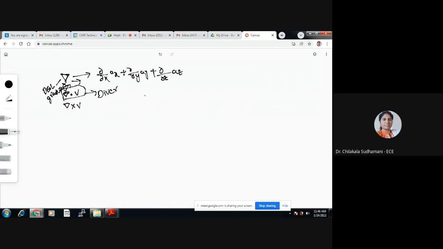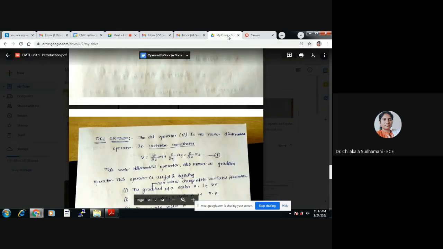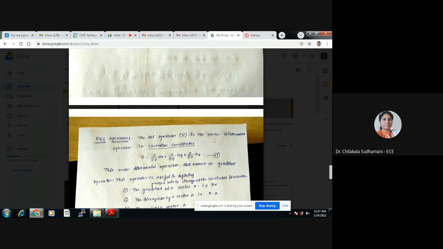If the vector is given with dou by dou x, dou by dou y and dou by dou z, then throughout a rectangular coordinate system, how the vector V is distributed is given by the operator del or gradient. That is, the del operator is a differential operator. The differentiation form is given as del.